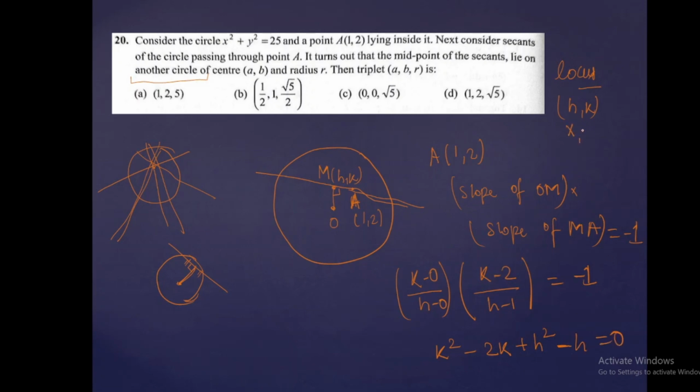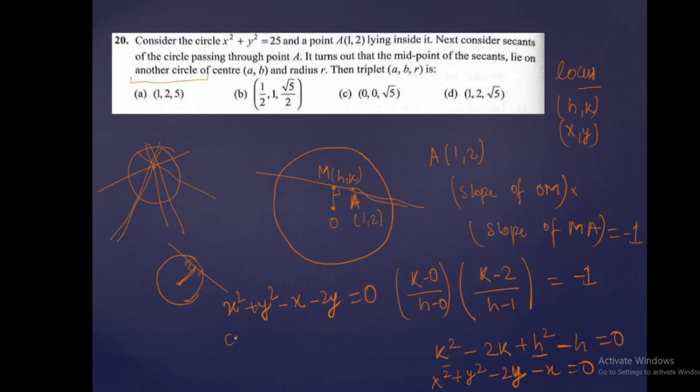So x and y are replaced by h and k. So here we have x square plus y square minus x minus 2y equal to 0.